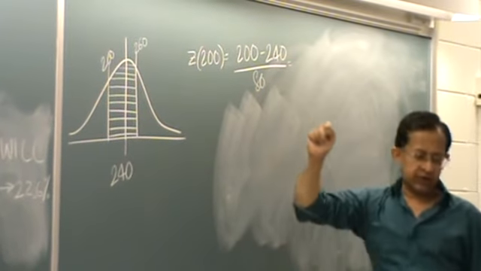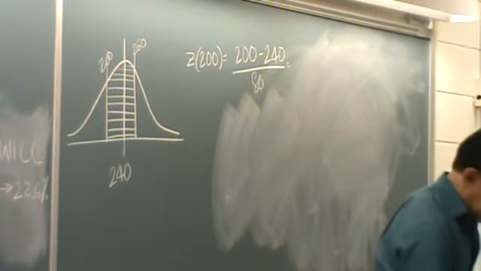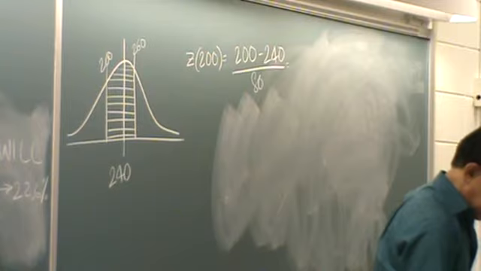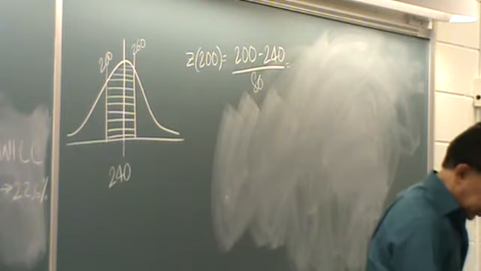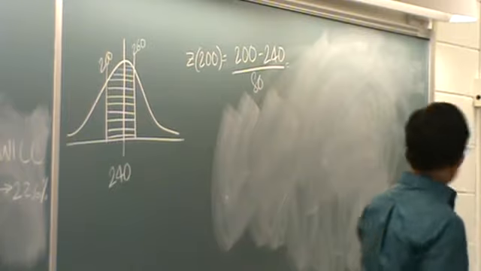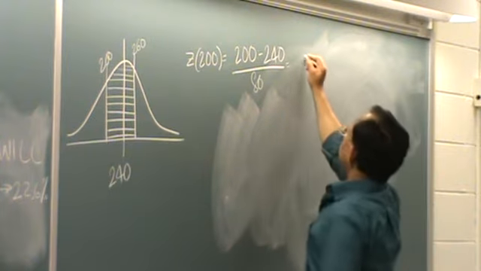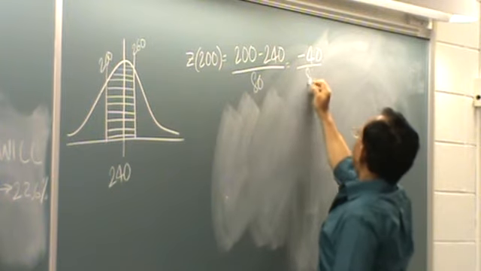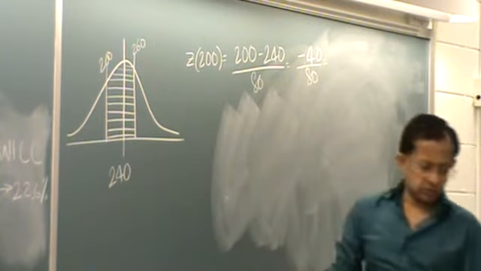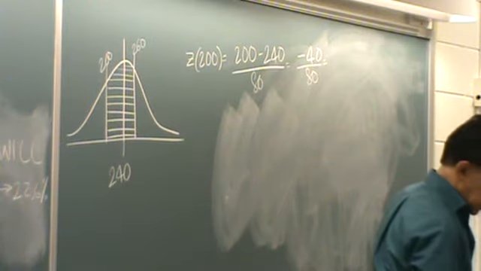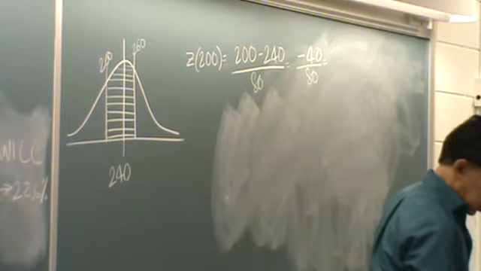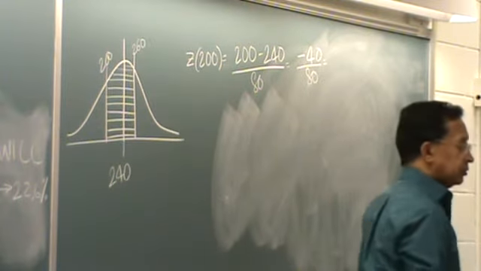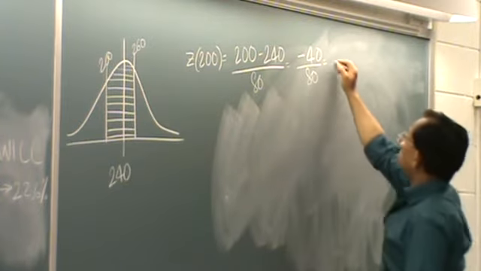That is 40 over 80, which is what? Minus 0.5, right?